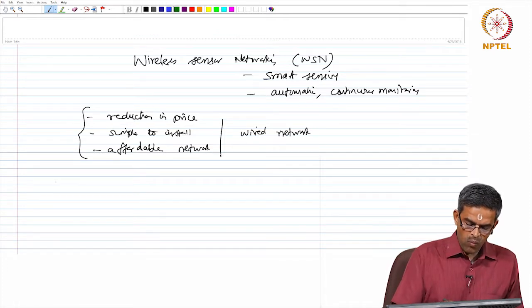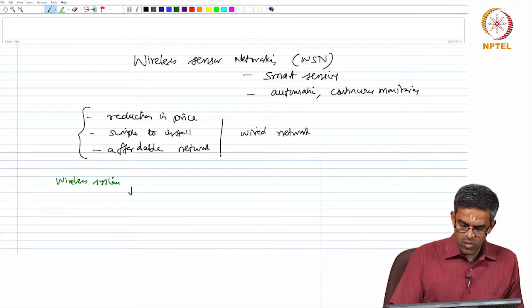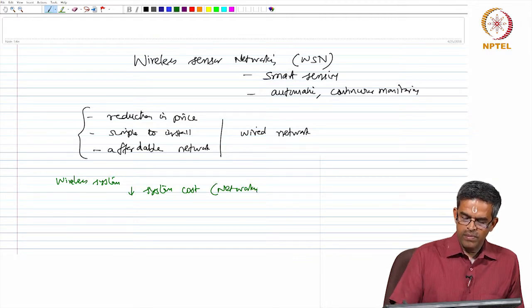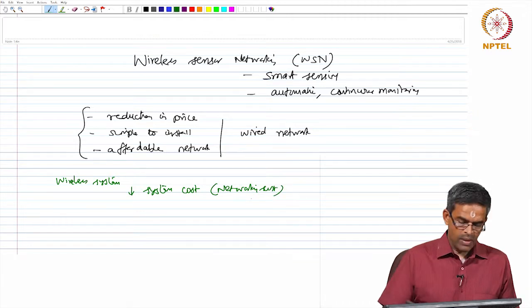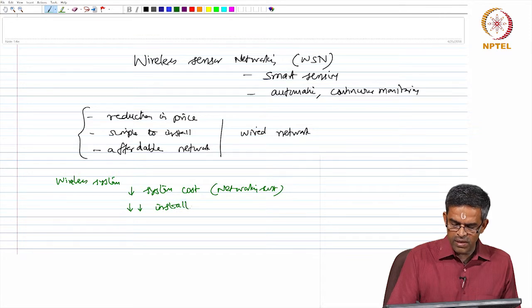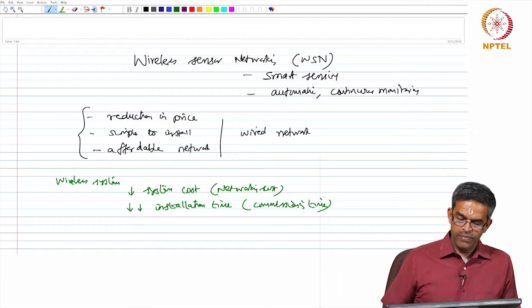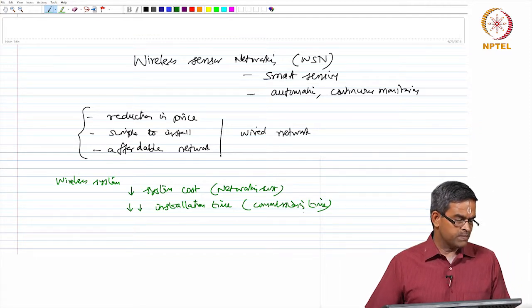Further, wireless systems have low system cost, the networking cost I mean to say, and they have very low installation time, that is very important for us. That is, commissioning time is very short, and it is very compact, an advantage for us.